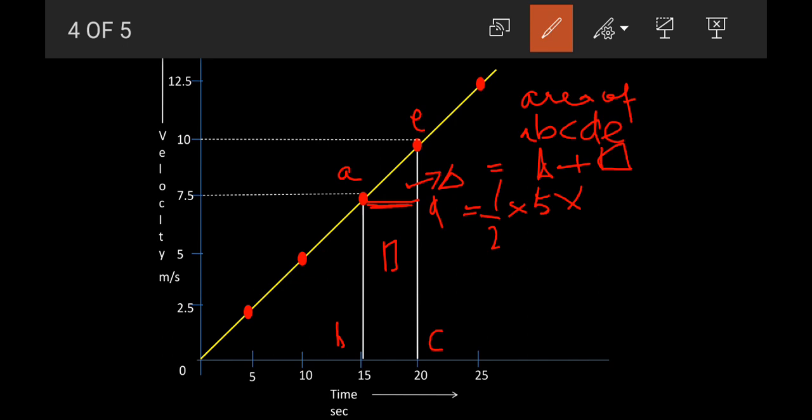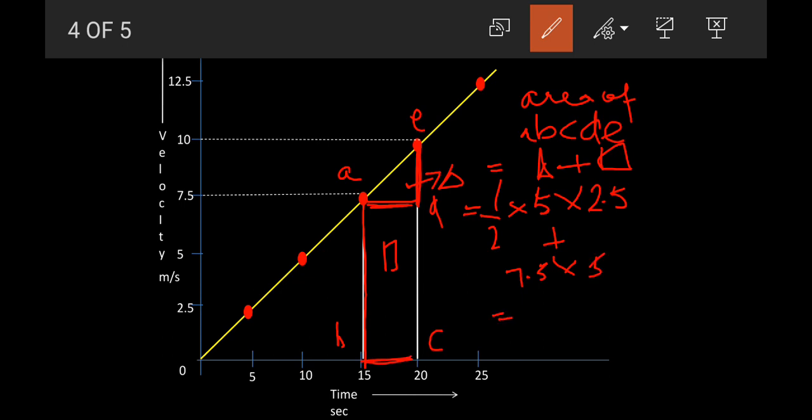What is height? This is ED, this one. So this is 2.5. So this is 2.5 plus area of rectangle, length into breadth. Length is this AB, which is 7.5. So 7.5 multiplied by this breadth, which is 5.